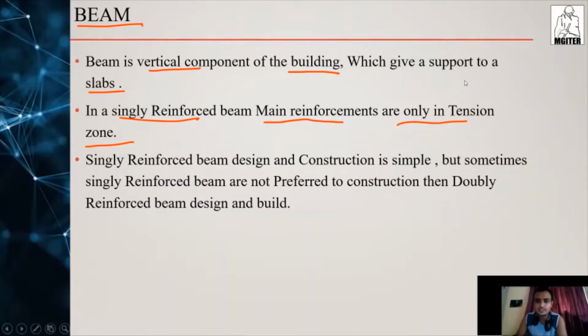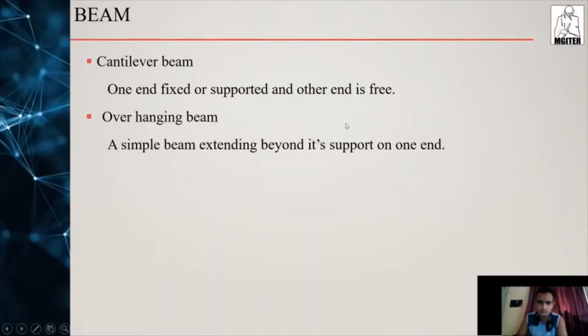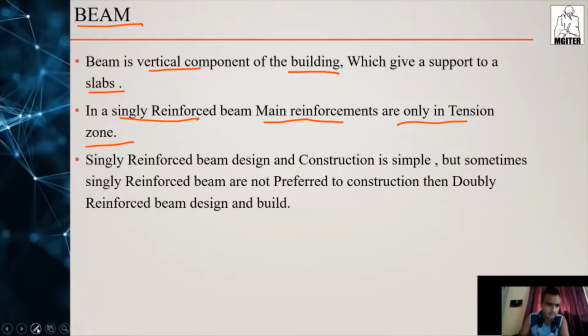In the previous lecture, we discussed the compression zone and tension zone of a beam, in the neutral axis lecture.